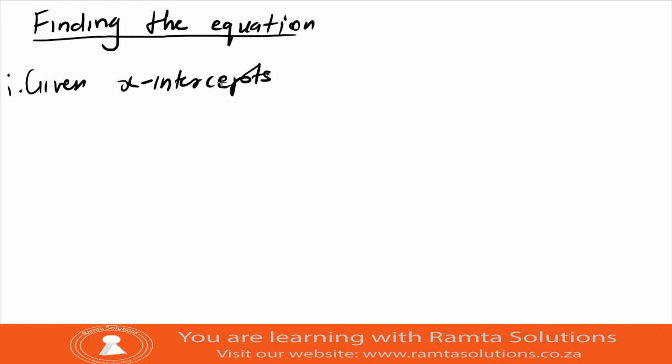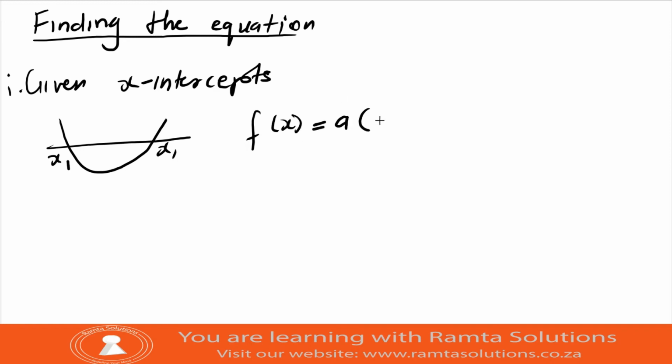When we are given x-intercepts, let's say we have a graph like this, and I'm going to call this point x1, and this one x2. I will say f of x or y is equal to a into x plus x1 and then x plus x2. I want to remind you of something.